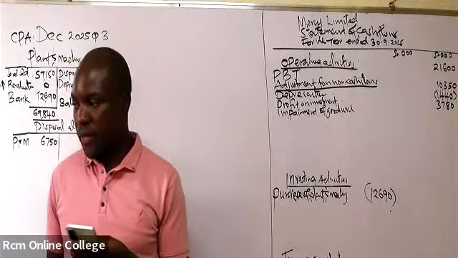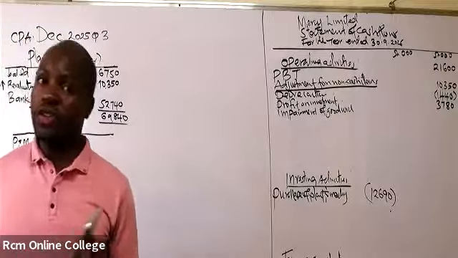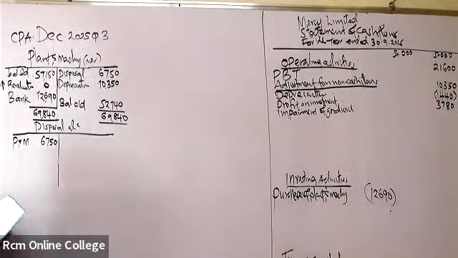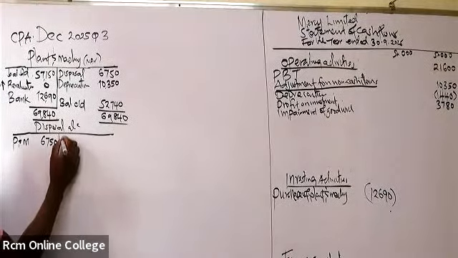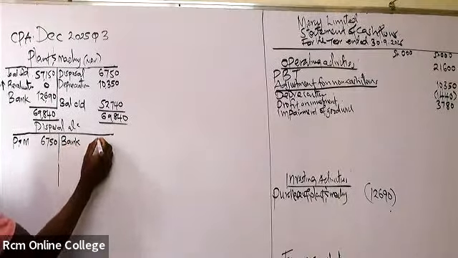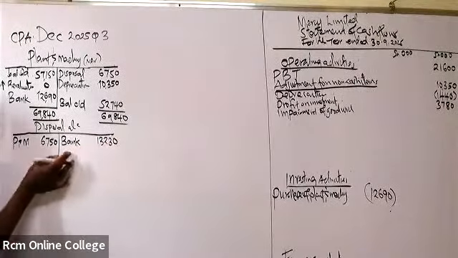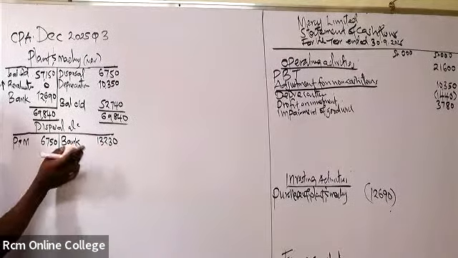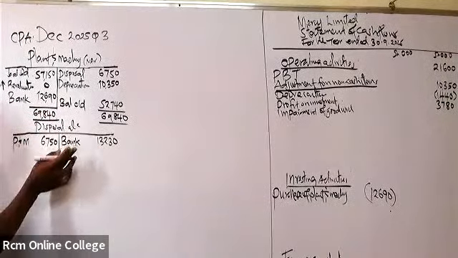Additional information number 3. The company disposed their asset and the proceeds was 13,230. So number 1, this one here was actually paid into the bank account. So bank 13,230. From this part only, look at it. We are getting 13,230 from the bank on the disposal of the plant and machinery.